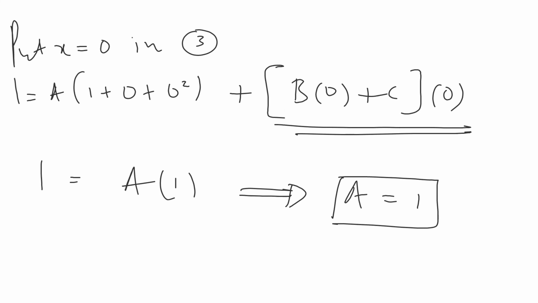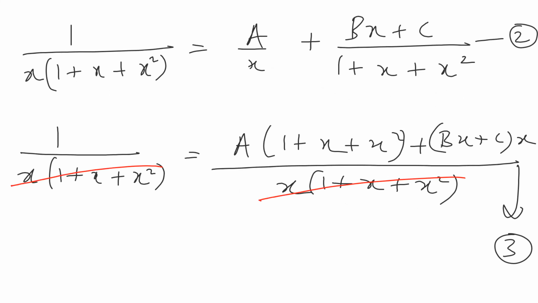Now where to put this A equal to 1? Later we have to substitute this A equal to 1. Let's go to equation number 2. When we are putting x equal to 0 for the first iteration, the second time compulsorily we had to put x equal to 0, if you remember the previous problem.